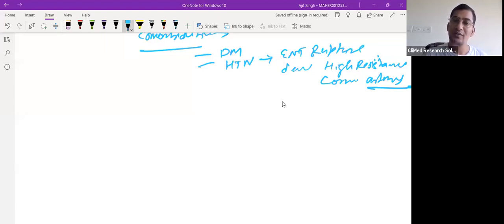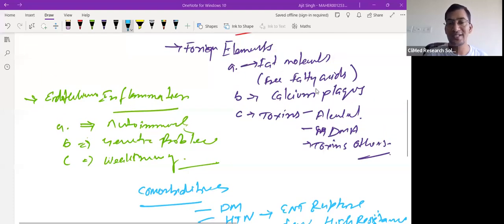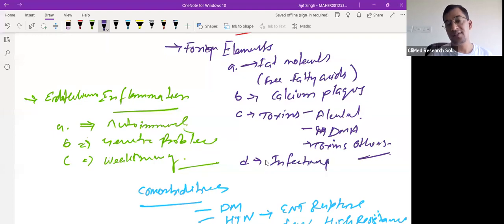When we are talking about toxins and other things, someone rightly mentioned something I forgot, and that is very important: infections. Infections means virus, bacteria, dead bacterial cells. Dead bacterial cells are also responsible.